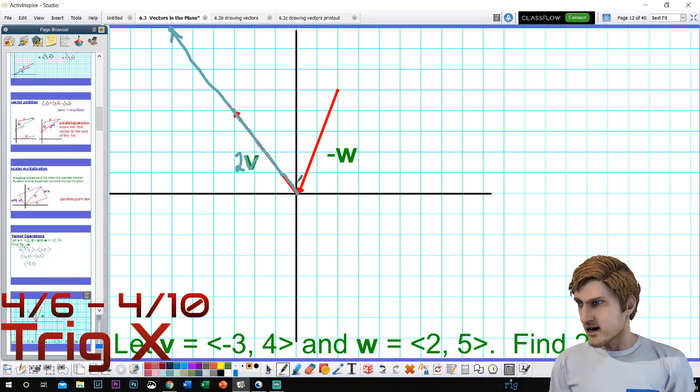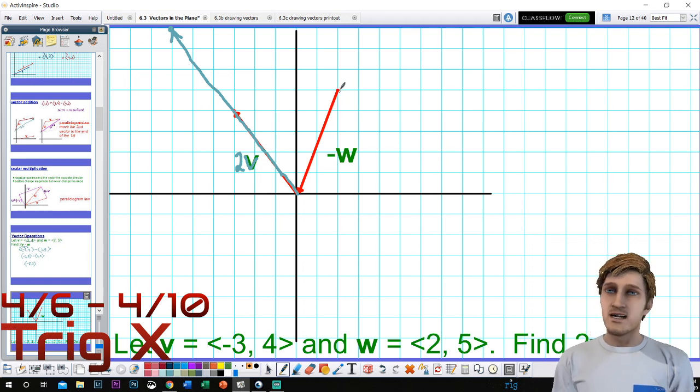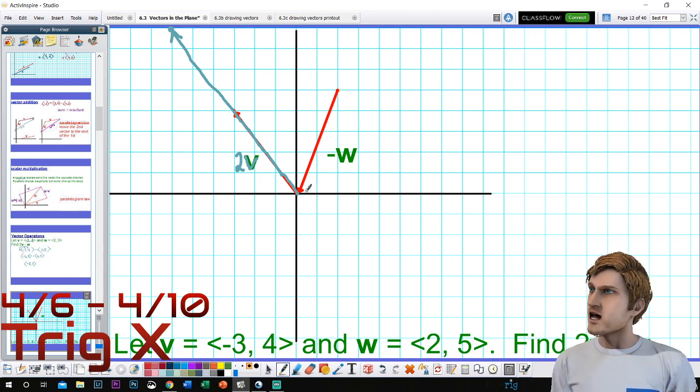Now the minus w, look, I already did it. I just changed the arrow so it was going to the other place. But remember, in order to do vector addition or subtraction, I have to take this vector and move it to the end of the other vector. Again, we're just going to count kind of like the slope of this in order to figure out where to go. So from start to terminal, we're going down 1, 2, 3, 4, 5, left 1, 2.